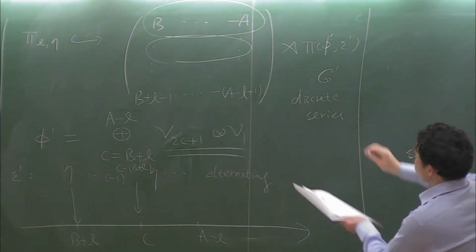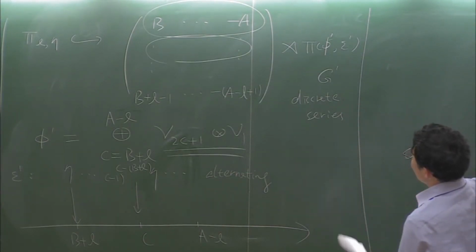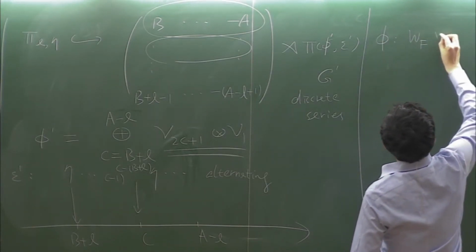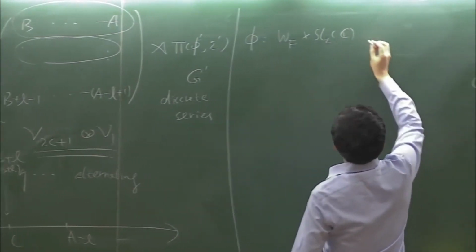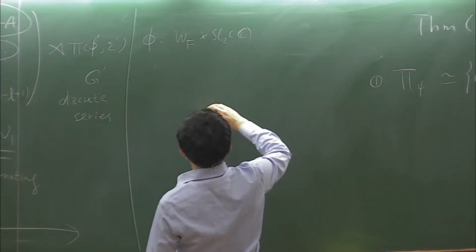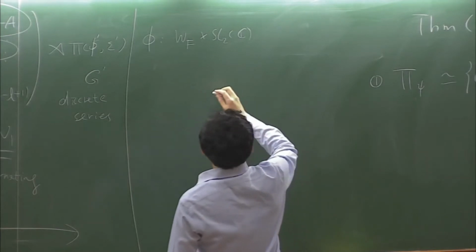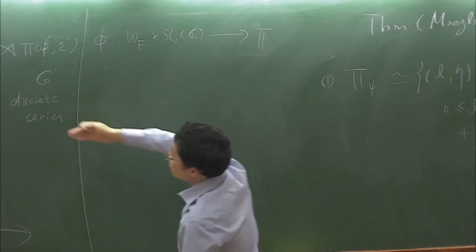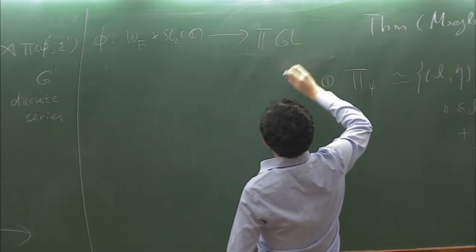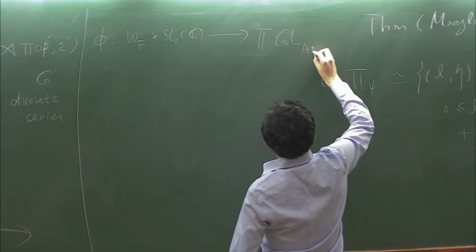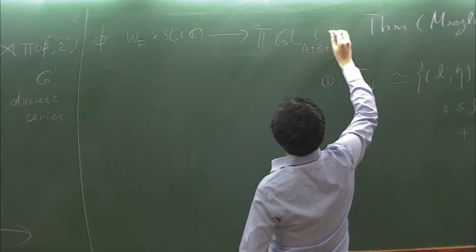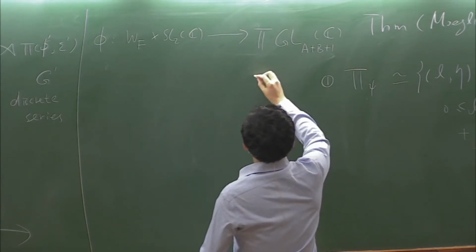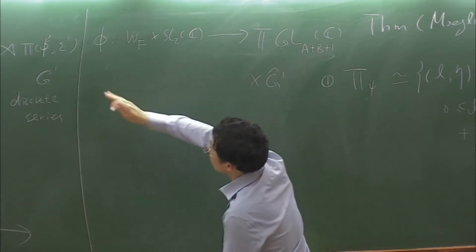So the Langlands parameter for this representation will factor through a Levi subgroup, where you have a product of general linear groups of the size A plus B plus 1, cross the dual group of this G prime.